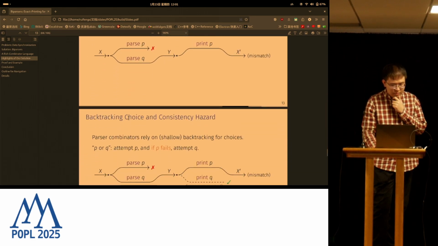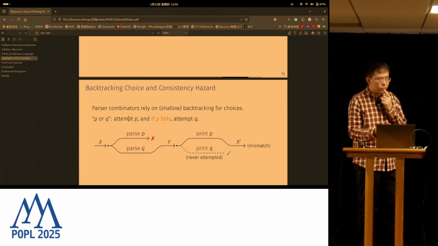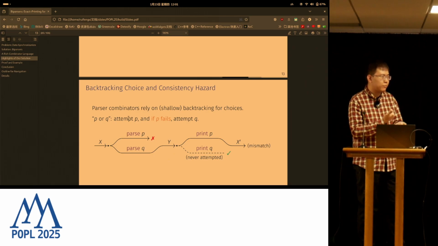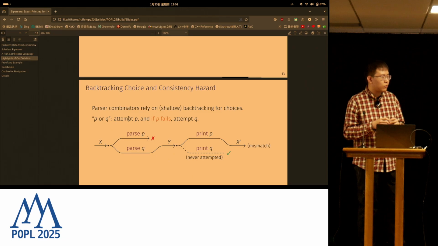Why would that happen? Like right here. So this is only one of the examples. You can also have print first, and the second branch of print succeeds, and the first branch of parse succeeds. So you also have a mismatch there. To prevent both of them from happening, we have some special preconditions for applying the choice combinator.